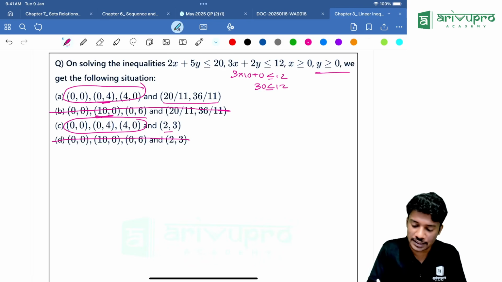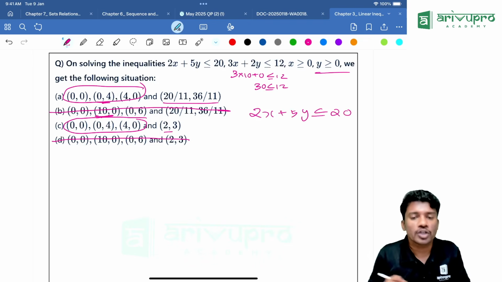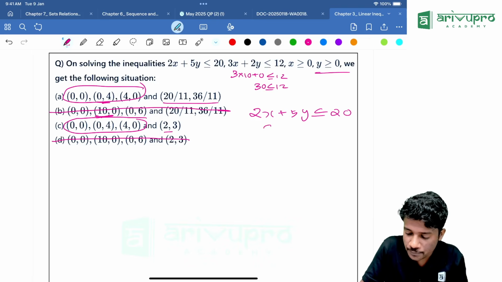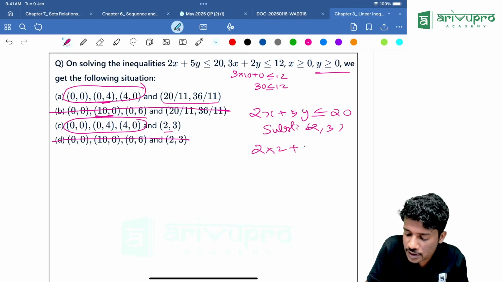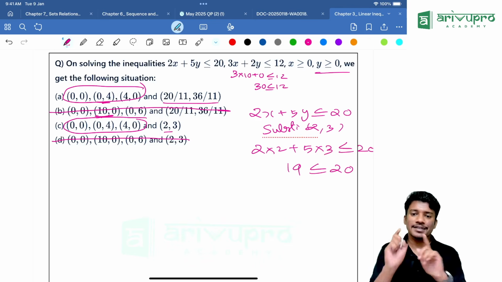Substitute the values in the given inequality 2x plus 5y less than or equal to 20. Substitute 2, 3. That means 2 into 2 plus 5 into 3, less than or equal to 20. How much is it? 19 less than or equal to 20. That is one thing.